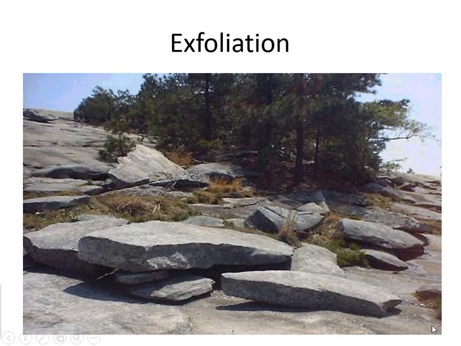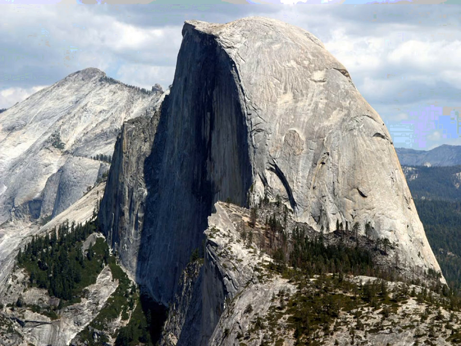Exfoliation is another type of physical weathering. It's literally the rock or sort of Earth's surface peeling away. It's a lot like a bloomin' onion. I love bloomin' onions. And the way this works is that oftentimes rocks form deep within Earth's crust. We talked about intrusive igneous rocks, for example. Well, you can imagine when those rocks cool, harden, and solidify, they're still under an enormous amount of pressure.